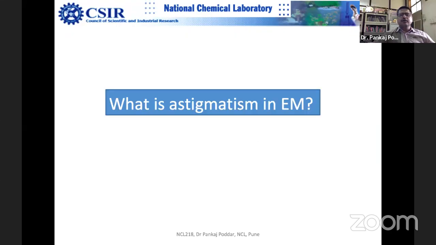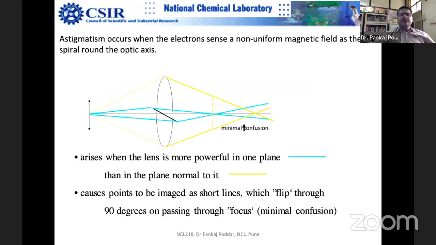Now this is the final point today, before I give you the equation for resolution: astigmatism. All of you know that, as I mentioned, it is there in our eyes also, in the lens of our eye. So far we were discussing the confusion in the focal length along the path of electron travel.